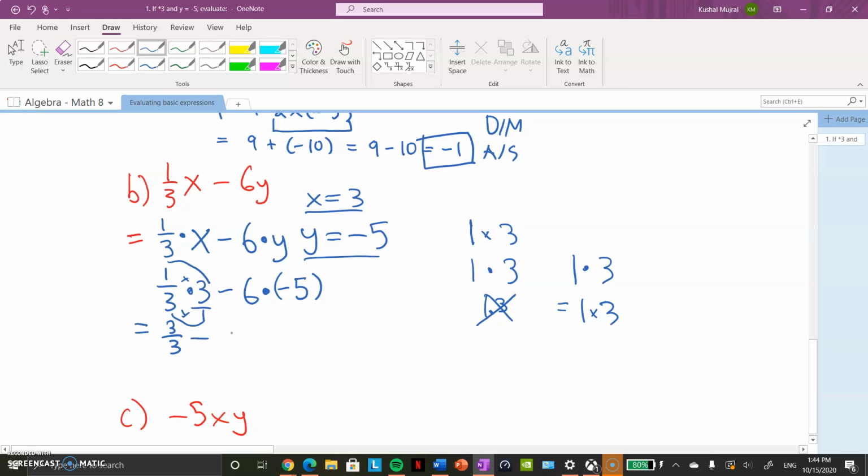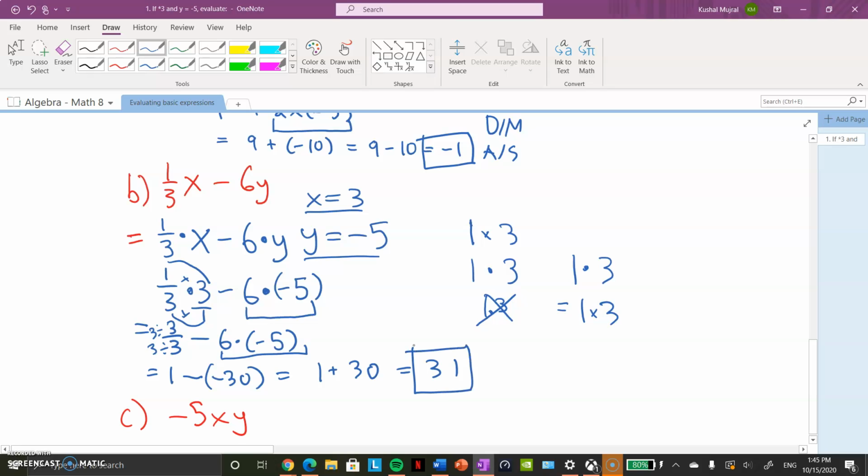So it's 3 over 3 minus then 6 times minus 5. Now you're going to solve this multiplication. So that becomes, and 3 over 3 also reduces to 1 minus, and then 6 times negative 5 is negative 30, which is 1 plus 30, which is 31. Okay?